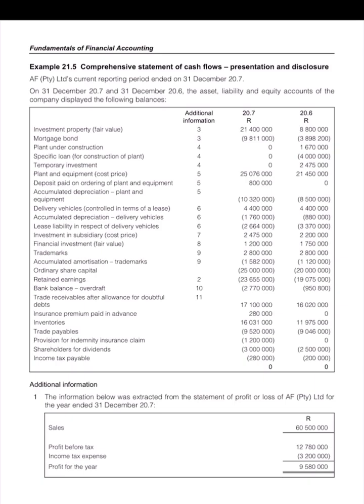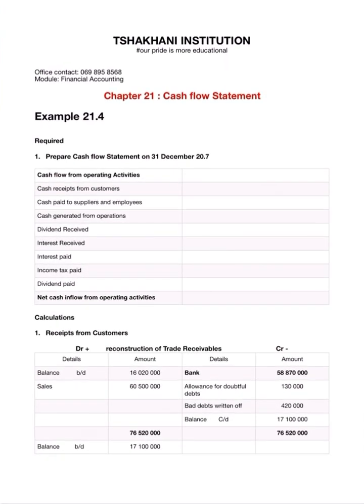We are looking for sales, which here is 60,500,000. Then we copy that amount and record it on the debit side of the reconstruction of the trade receivables. After that, on the credit side, you are looking for the bank, the one that is the cash receipts from customers.